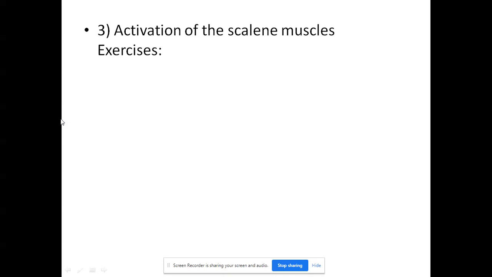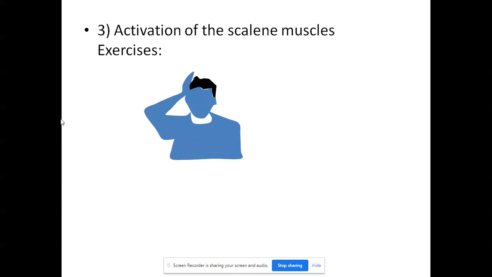Thus, in any case, let it be low back pain, knee osteoarthritis, or thoracic outlet syndrome, after releasing the tightened muscle, please make sure you activate it back to the normal recruitment pattern. Thus, activation of scalene muscle is also important when we are talking about thoracic outlet syndrome.